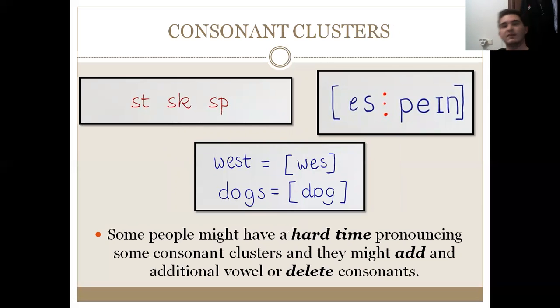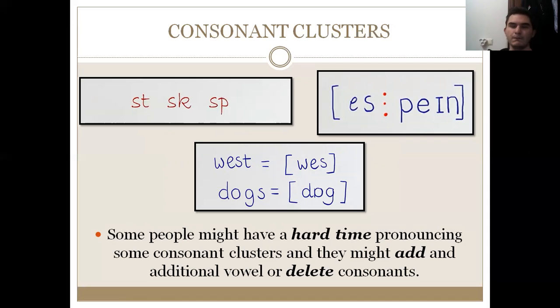So if you look at the consonant clusters on the left side, the ST, the SK, or the SP sounds, I should start with what a cluster is, right? A cluster is a group of things together. So the ST, SK, and SP consonants have come together and created a consonant cluster.